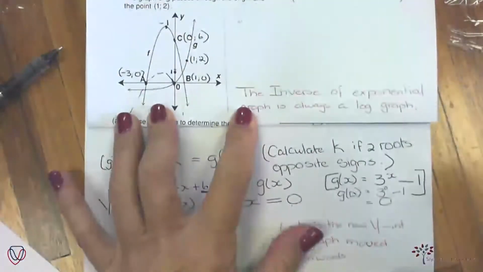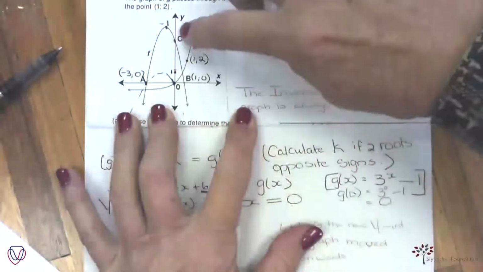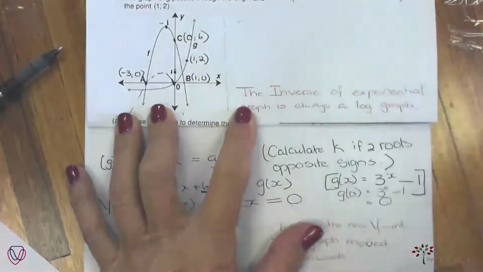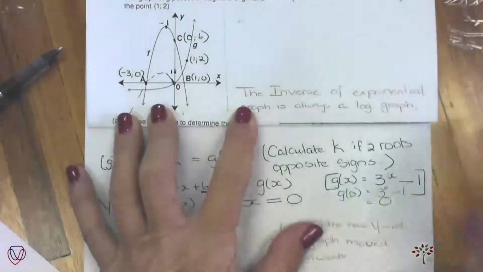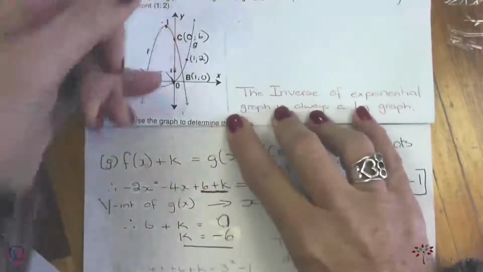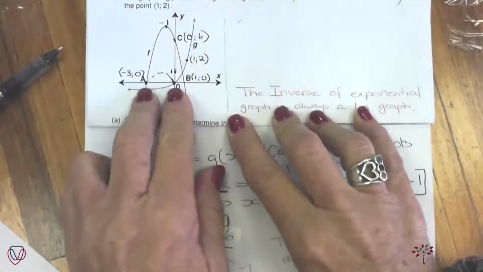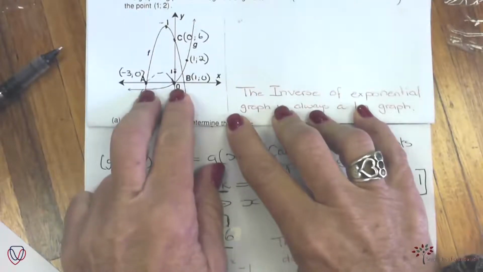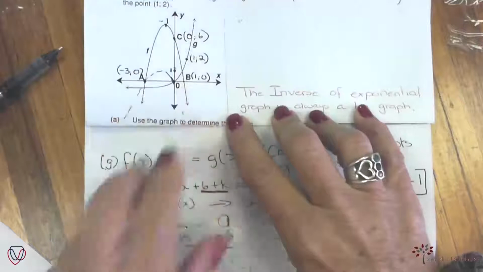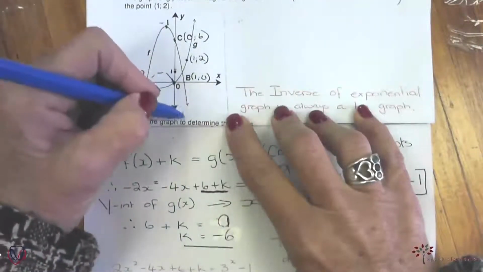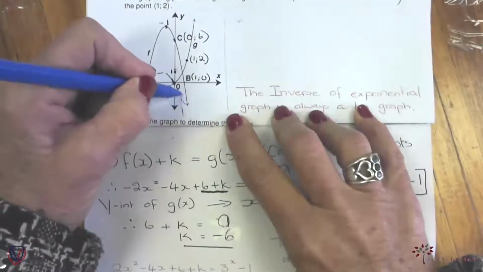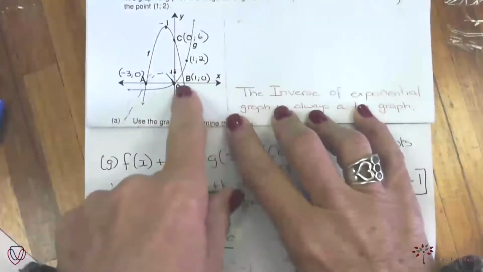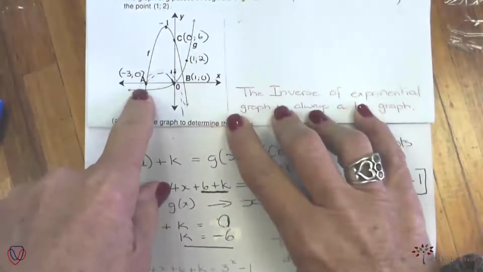And they said, you must determine a value for k, which will still give you 2 different roots, opposite signs. Now, if you move 6 down, you're not going to get 2 roots with opposite signs. You're going to get 0 and 1 negative sign. So you want a positive sign. So you'll have to take this graph upwards a little bit. Because then you've got a positive root and a negative root.